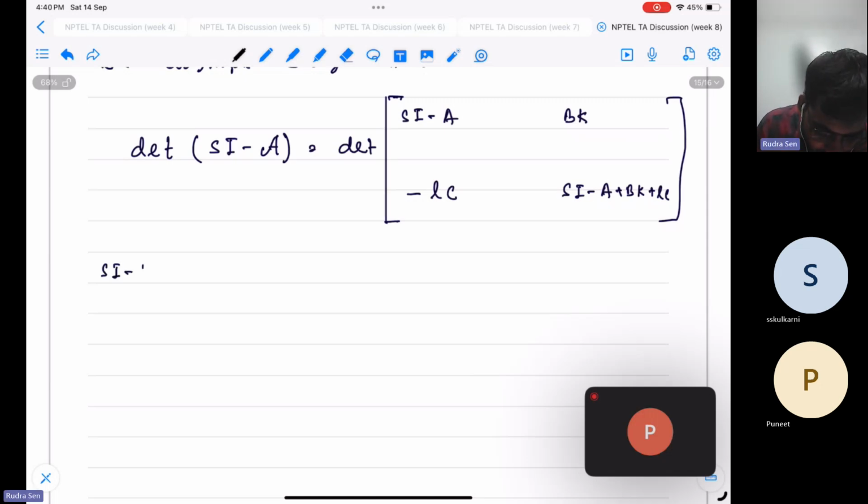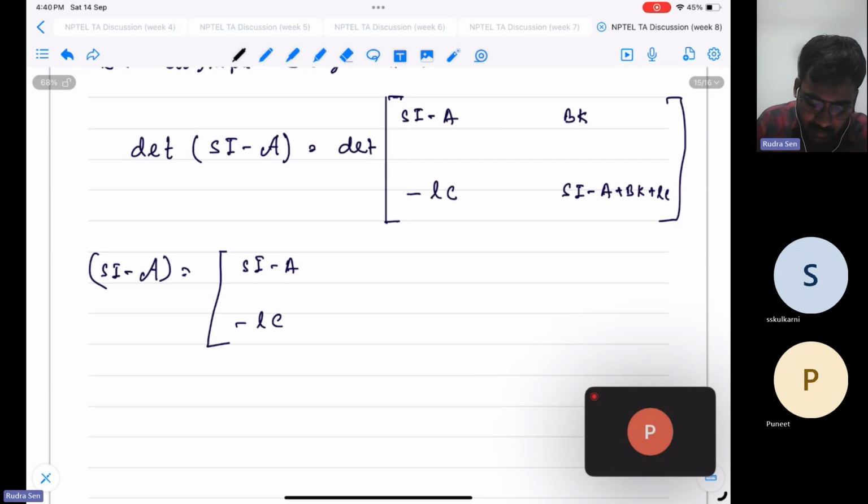Let me do it in that way. So this is the sI minus A matrix, which is sI minus A minus LC, BK, and sI minus A plus BK plus LC.